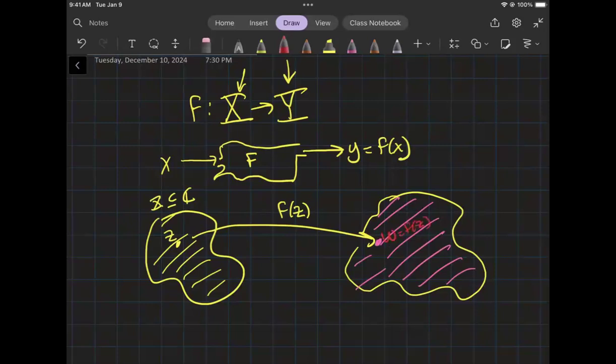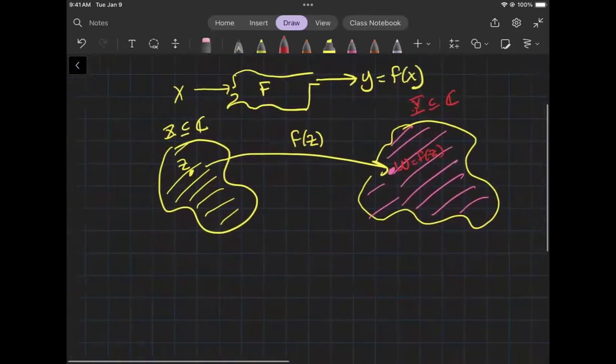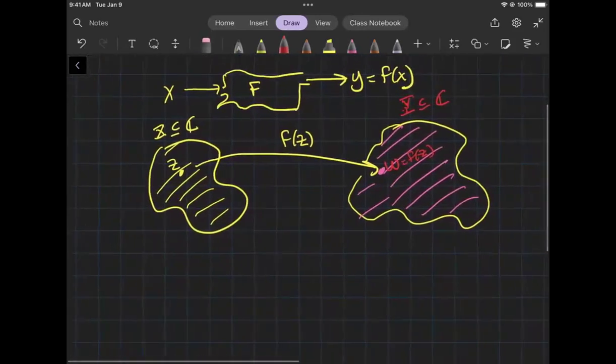Okay. So the notion of functions will be the exact same terminology, but we'll be dealing with four variables in this case, two real parts and two imaginary parts for the domain and range of the complex function respectively.